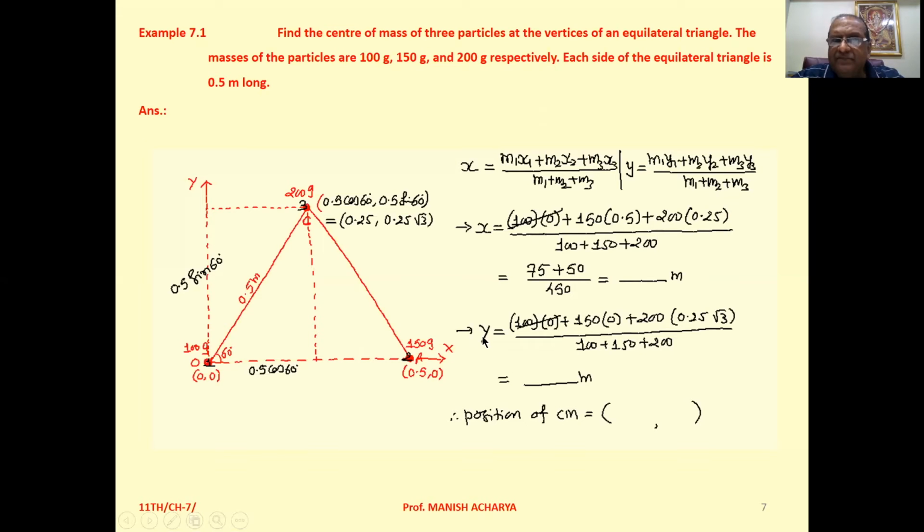Then y is equal to m1 100, y1 0, plus m2 150, y2 0, plus m3 200, y3 0.25 root 3, upon 100 plus 150 plus 200. Again solve this and you will get the y coordinate for the position of the center of mass.